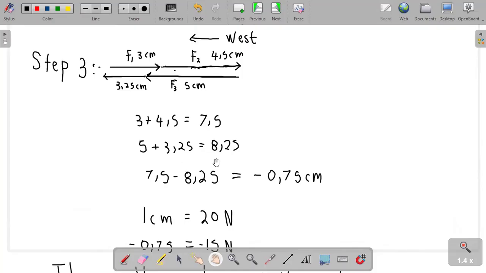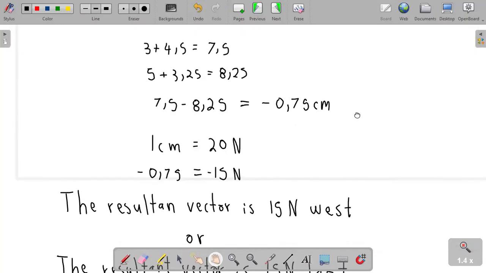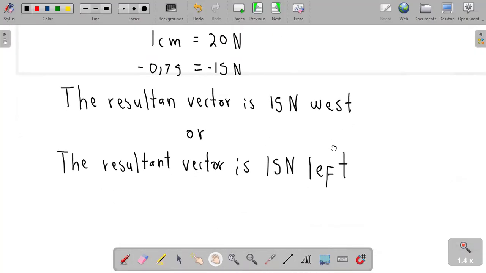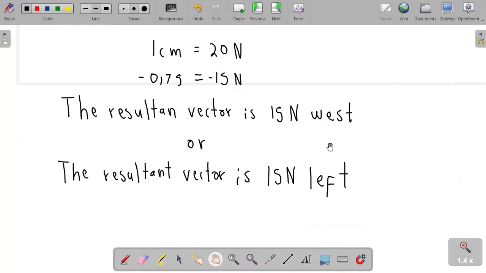Or you can find it this way: add those and then subtract. So that's it for example 1.